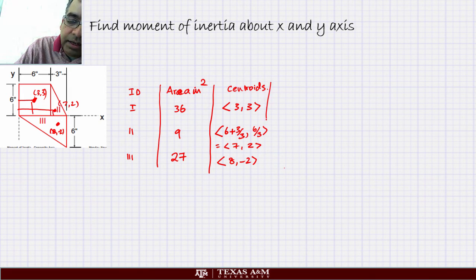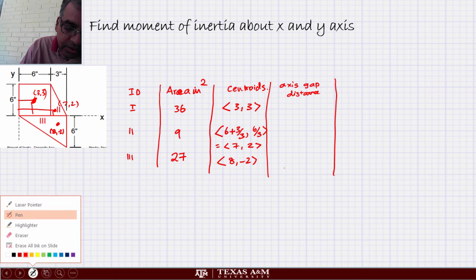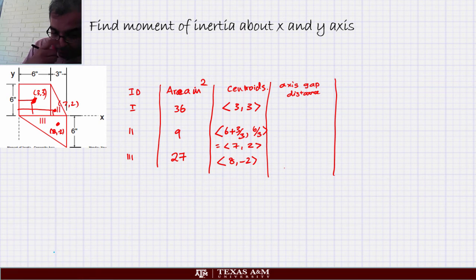Now the next thing we're going to do is find the axis gap distance. For this one, I'll pick a different color so that we can see what I'm talking about. For this one, this is the x bar axis, this is the x axis, so that's the gap distance. And this is the y bar axis, this is the y axis. That's the gap distance.